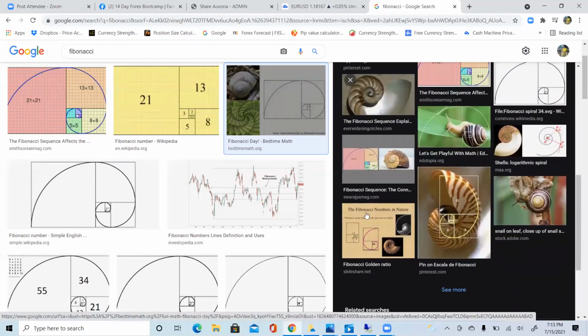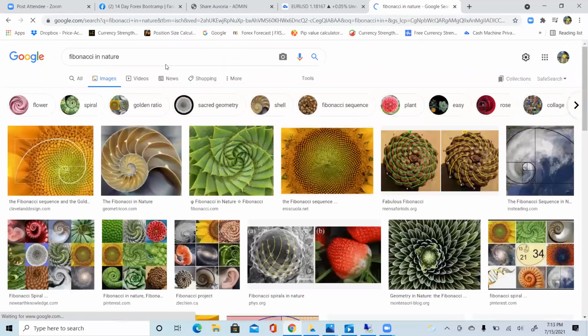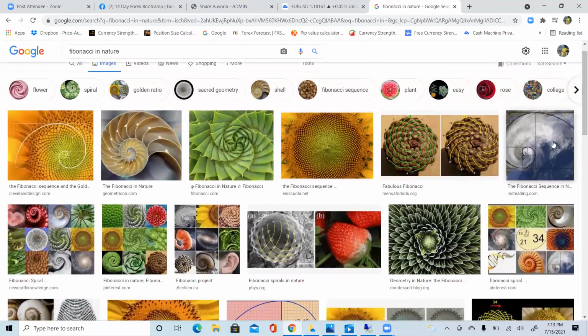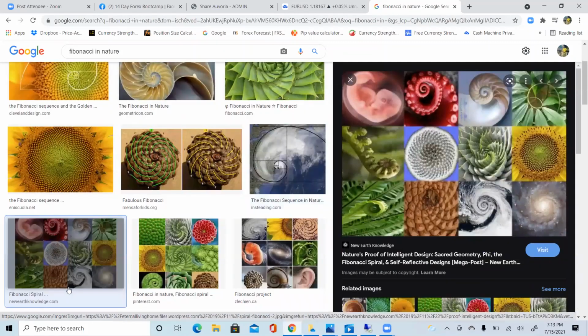See how it matches up with the snail? And the reason that this is so significant on the charts is because the charts are basically an element of human psychology or natural psychology. So when you're looking at all of these different examples of Fibonacci in play, trading is one of them. Let me show you why.